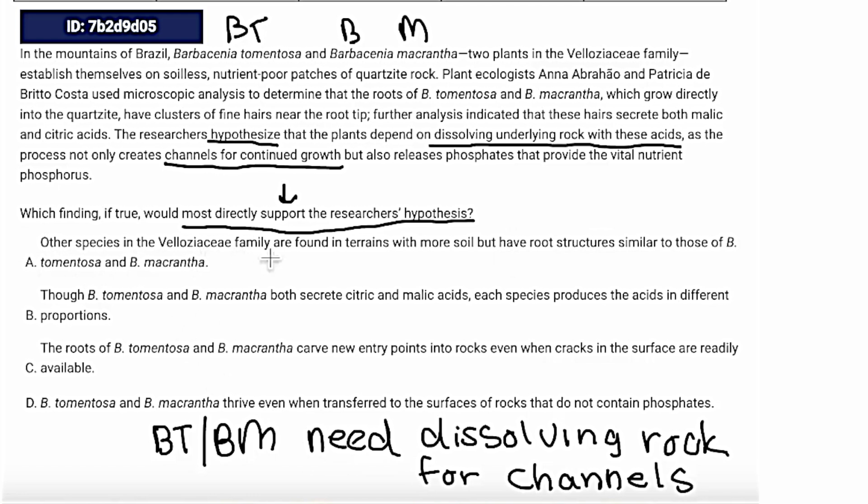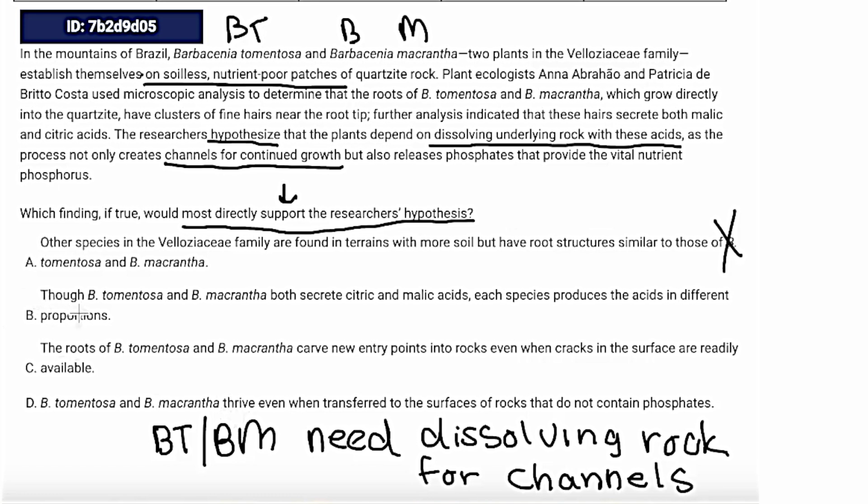Other species in the V family are found in terrains with more soils but have root structures similar to those of BT and BM. Okay? So I remember specifically seeing that these plants were in soilless, nutrient-poor patches, and that's kind of why they need this underlying rock. So I'm going to say that's going to weaken our hypothesis because we need something that's pro the dissolving rock.